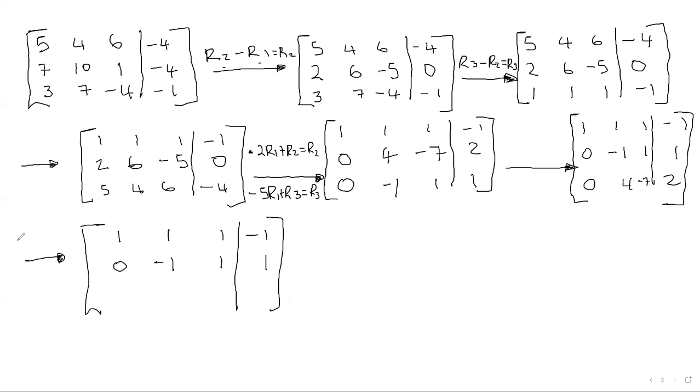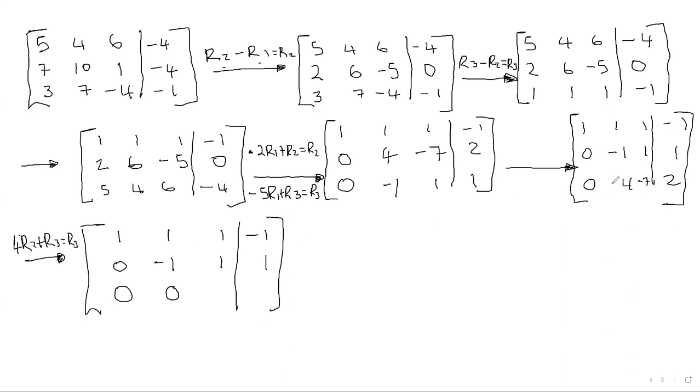The equation here will be, we're just going to multiply by, let's say 4, because we're trying to get zero. So let's just say 4 times R2 plus R3 will give us R3. So if I multiply this by 4, I'm going to get -4. -4 plus 4 will be 0.